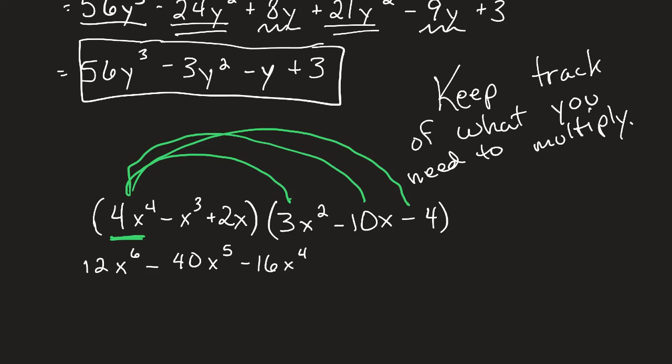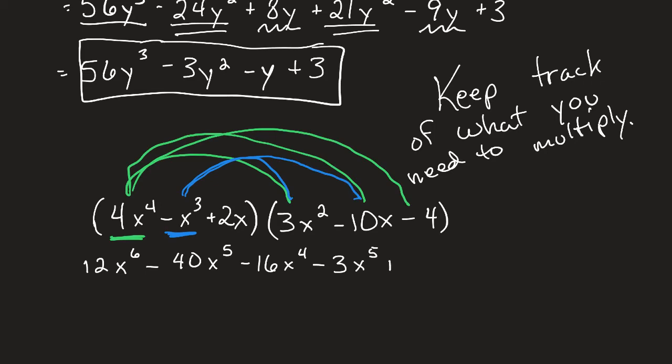Okay. Then we have minus x cubed. So we take that negative x cubed and multiply it to the first one. That's going to be negative x cubed times 3x squared, so that's negative 3x to the fifth, because 3 plus 2 is 5. And then we take that x cubed and multiply it to that second term, so negative x cubed times negative 10x.